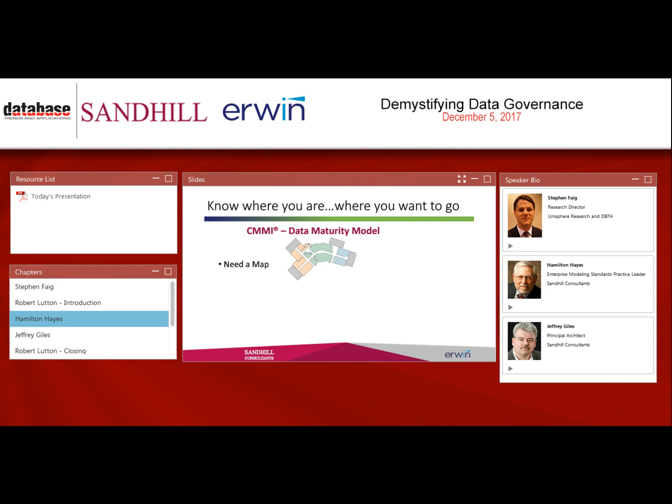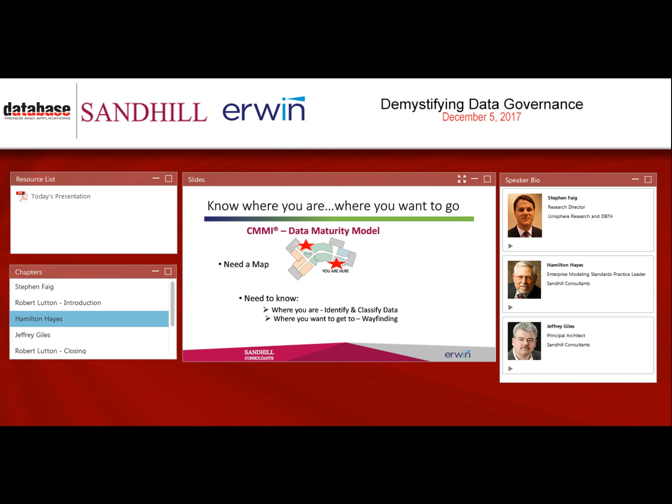So the assessment leads you to the question: how do I now build a roadmap out of that? Knowing where I am is what the assessment gives you. And if I'm basing my assessment on a set of industry standards like the DMM, then I can say, hey, I know where I am. I can identify and classify my data, my processes and the structures with regard to the standard.